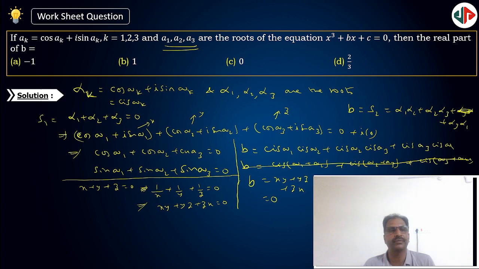Therefore, the real part of B is 0. X plus y plus z is 0. 1 by x plus 1 by y plus 1 by z is also 0 because 1 by cis theta is cis minus theta. So from that you get xy plus yz plus zx is 0 by taking LCM. This is nothing but B. So B is 0. So the real part of B is 0.